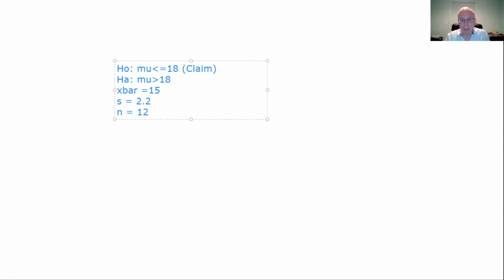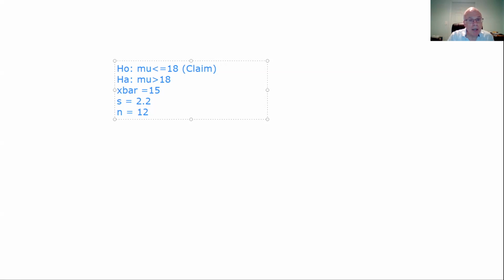What we're going to do next is calculate our test statistic with our calculator. We'll clear this out here. X bar is 15 minus the hypothesized mean of 18, close parentheses, divided by our standard error, which is going to be s, which is 2.2, divided by the square root of the sample size, which is 12.